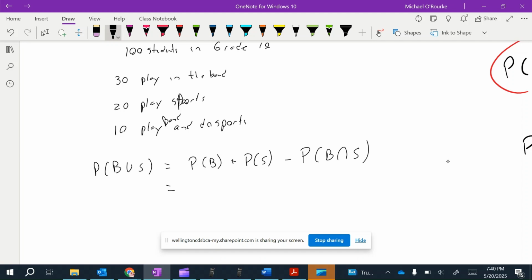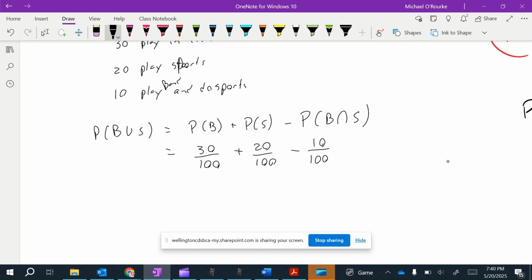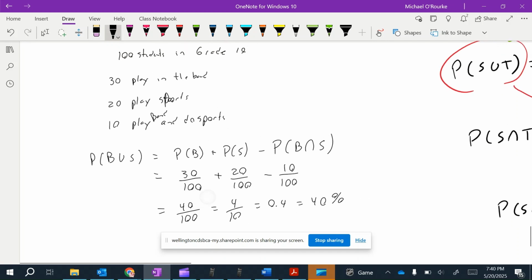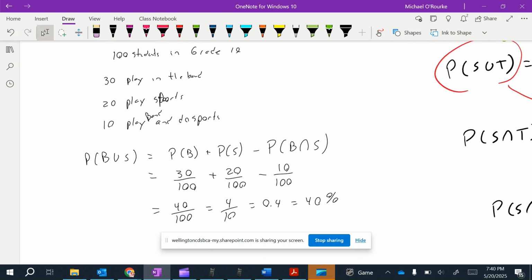So in this case, I have 30 people in the band out of 100 plus 20 people who play sports over 100 minus the 10 people who do both. So it's 40 over 100, which equals 4 over 10, which equals 0.4, which equals 40%. Okay, I put it over 100 because I have 100 total students.